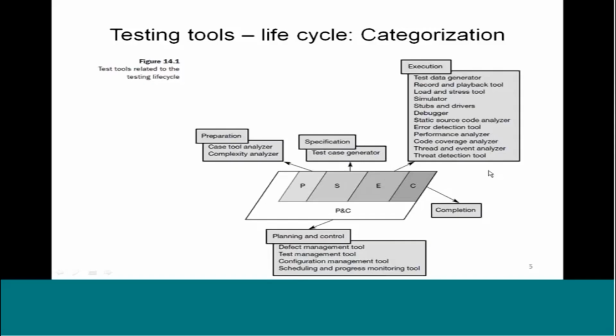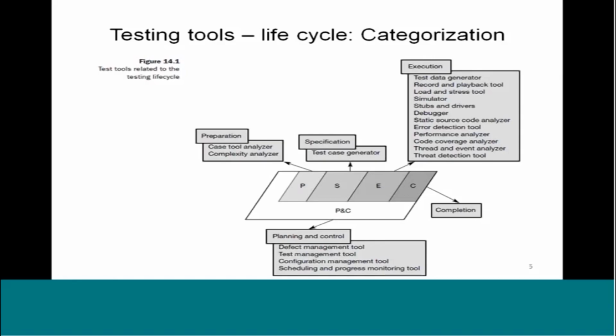Okay, so this is how the life cycle aspects of testing will be considered in categorizing the testing tools. We'll study some of them in detail in future classes, like defect management, test management and configuration management. Okay, so that is about the life cycle.